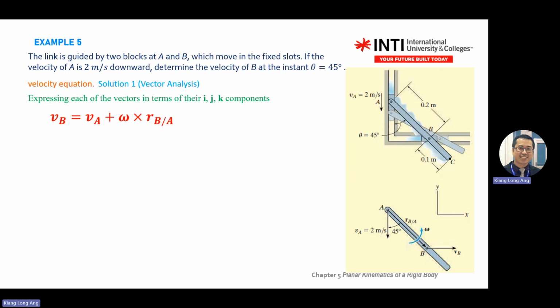Then after I have this relationship, I focus on the question. The question asks me about V_B. So I keep V_B, I pull V_A to the left-hand side, I get this one. Then I link to what I learned with angular and scalar vector. So this one, V_B/A equal to omega cross R.